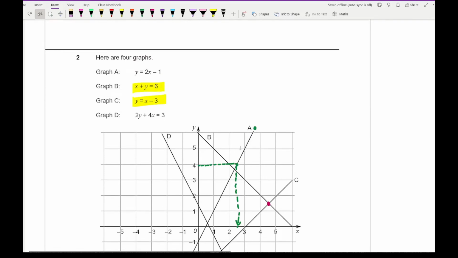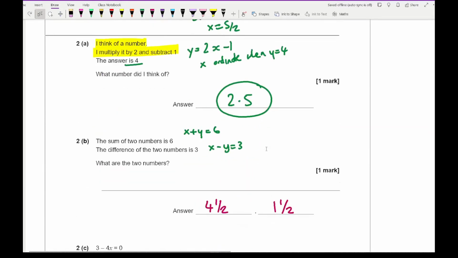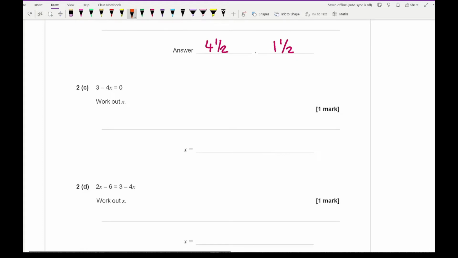No. So using graph D, if I rearrange this, I've got 2y equals 3 minus 4x, then all I'm doing is working out and dividing by 2. But personally, I would be a little bit cheeky. I probably wouldn't write this on the exam, but I write this as 3/4 in terms of solving.